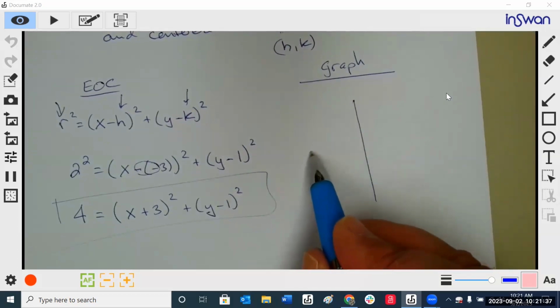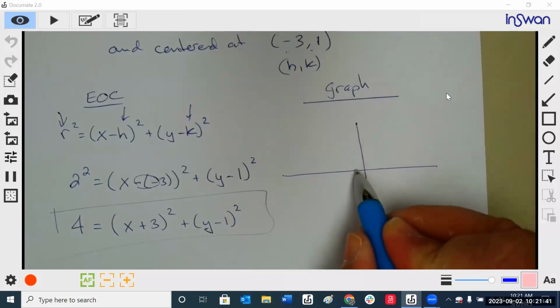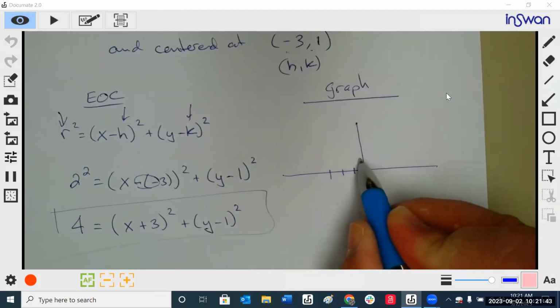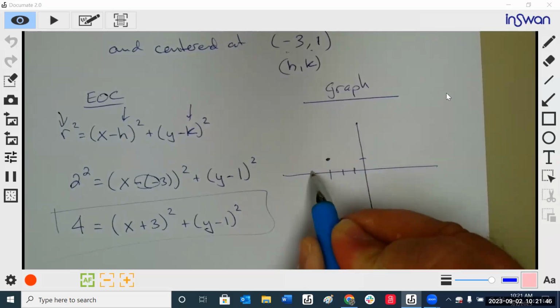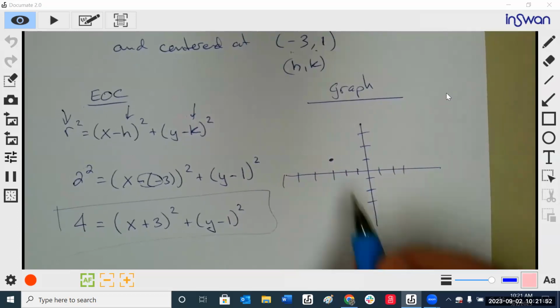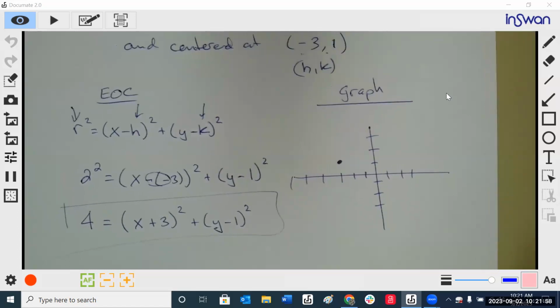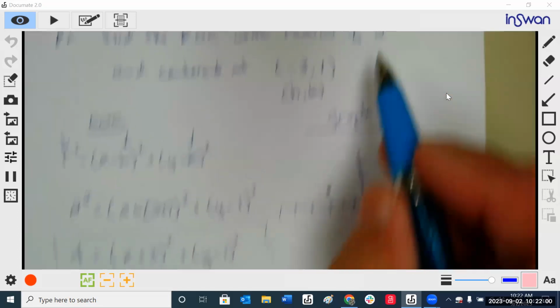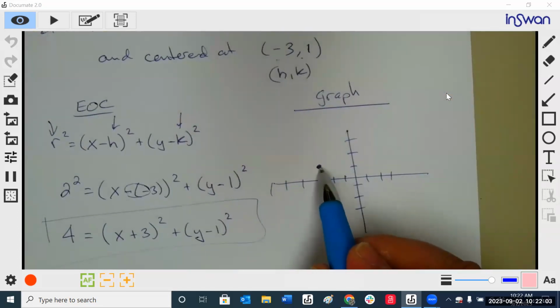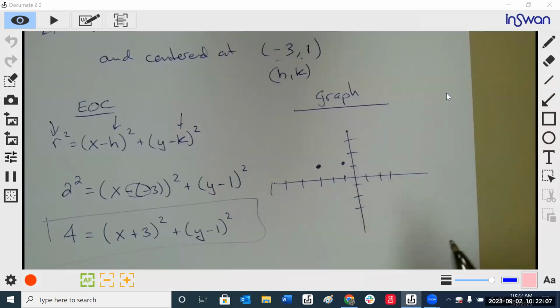If I graph it, the center is at -3, 1. So I plot the center first. What's the radius? 2. The radius is 2. So from the center, I go to the right 2 spaces, put a dot.